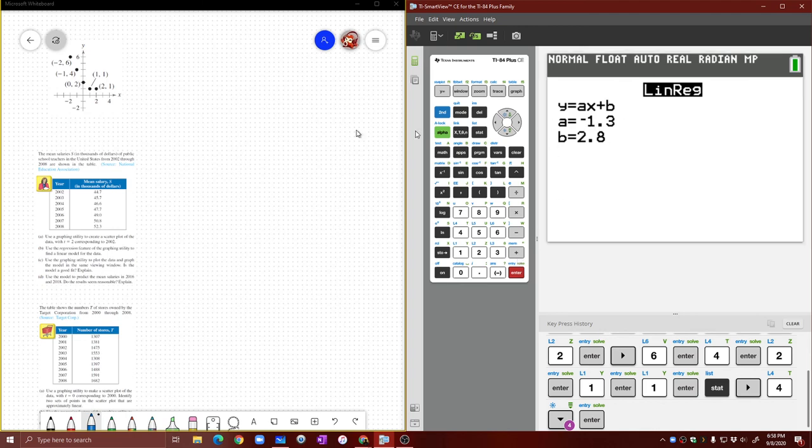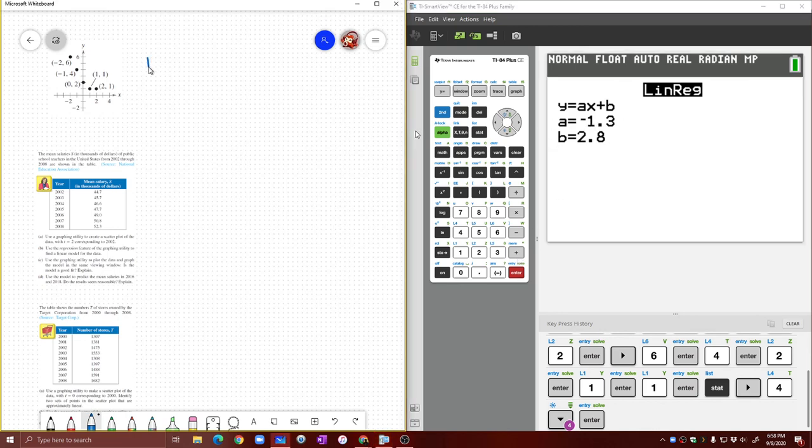So I see that my line of best fit is going to be Y equals -1.3x plus 2.8.